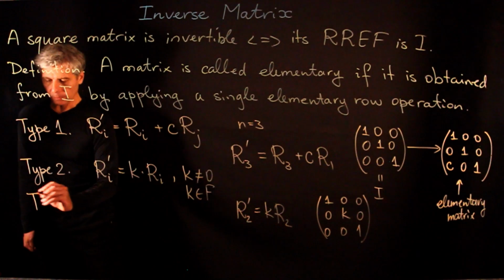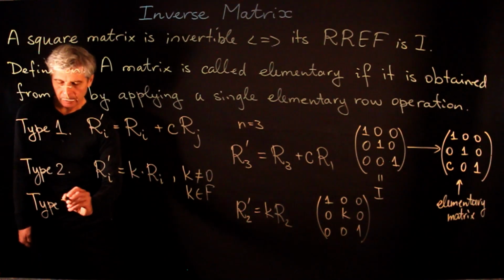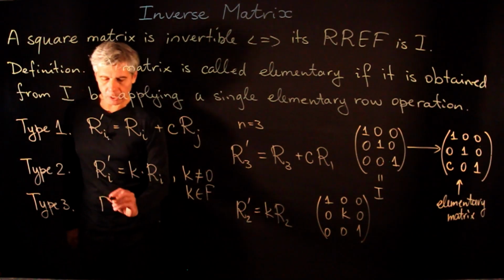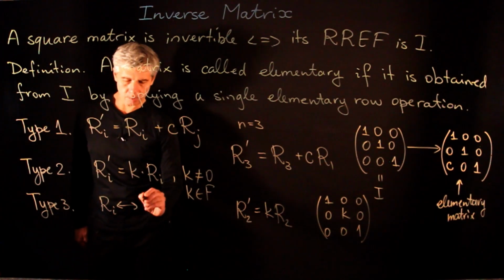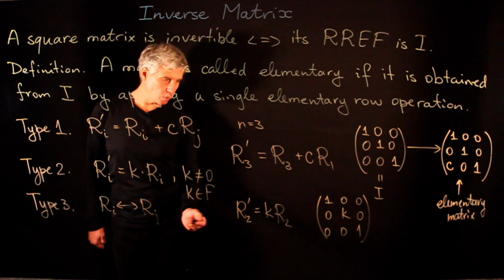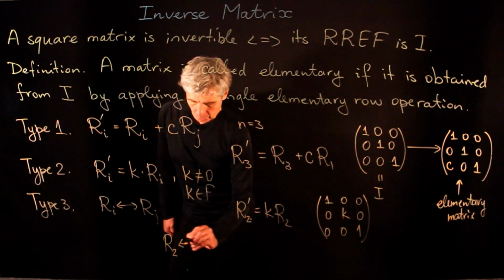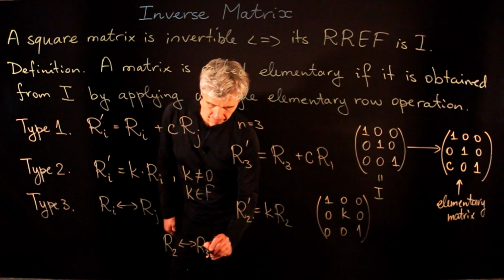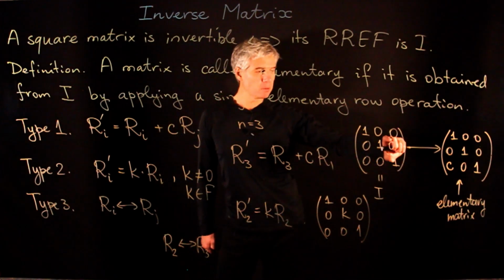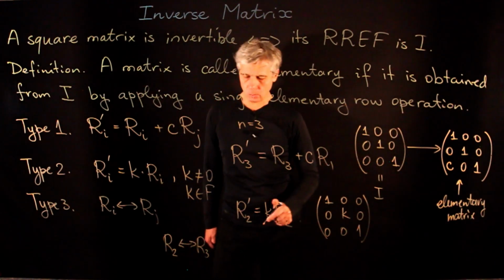And finally, we have type 3 elementary row operation, where we switch two rows. For our example, if we switch row 2 with row 3, we take identity matrix and we switch the last two rows.